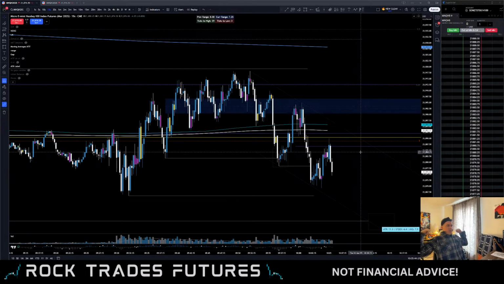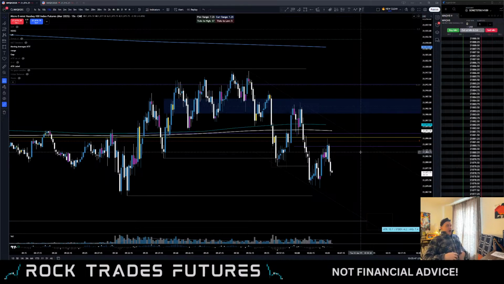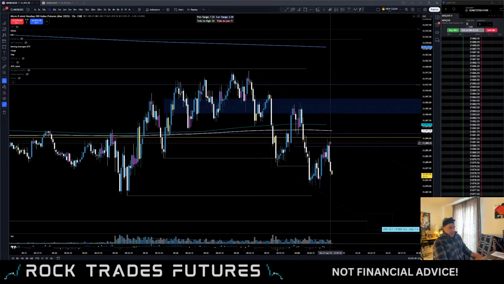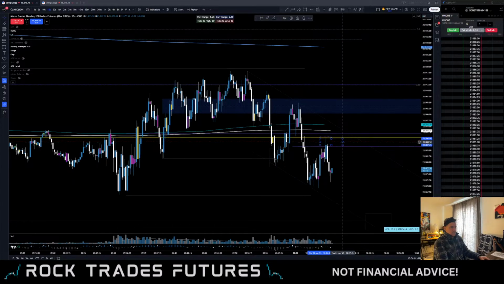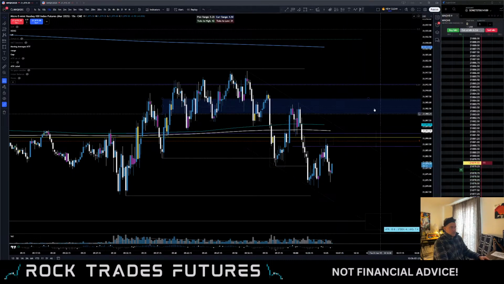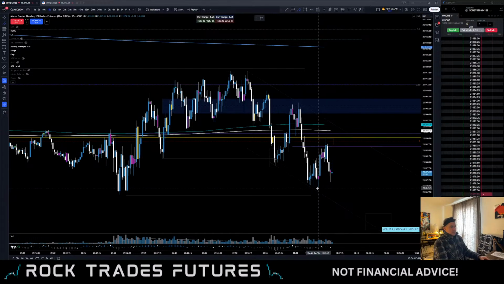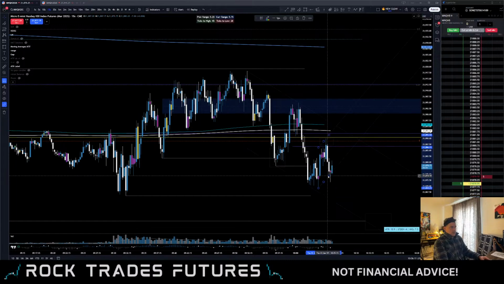Gonna be a little bit patient though. This is the most aggressive entry that I have discovered and will use on occasion. This wick entry here. But the market has been a little bit wonky, in my opinion, as of late.